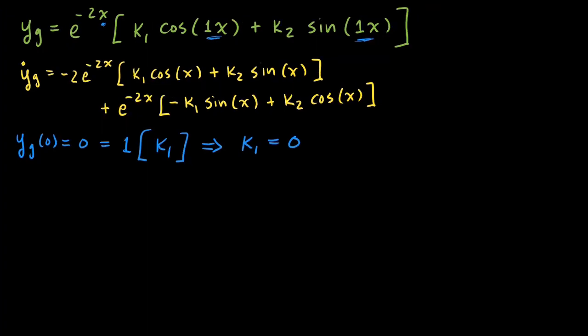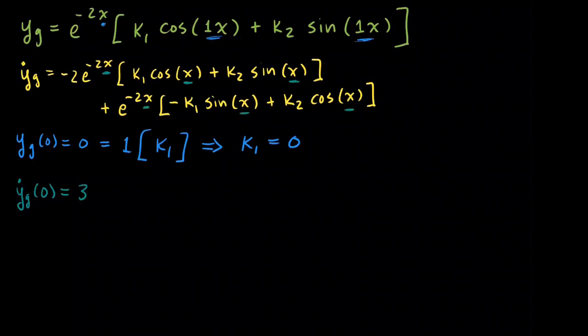Now we're going to look at the initial condition on the derivative, which is y dot sub g of 0 equals 3. So what I need to do is plug in zeros here, here, here, here, here, and here.